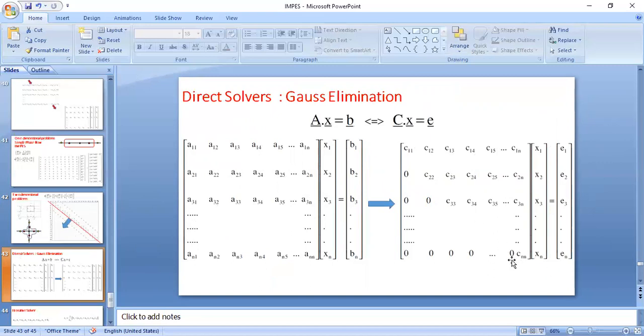In the reverse sweep, if you rewrite into equation form, finally it is cnn into xn is equal to en. So directly we get xn is equal to en by cnn. Now we have calculated xn, and the next step involves xn minus 1 and xn. Now xn has been calculated, substitute that here, and then you get xn minus 1. So during the reverse sweep, you calculate the unknown vector. That's what the Gauss elimination method is. So this is a direct solver.